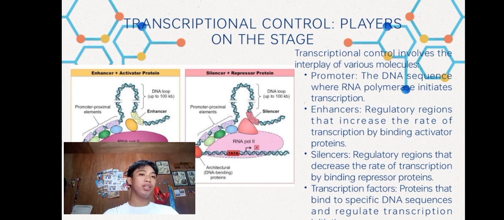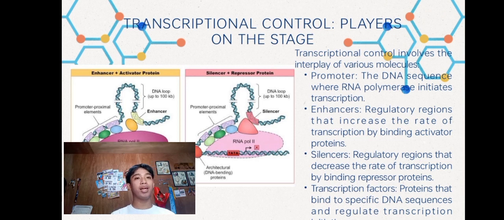We also have here the epigenetic modifications. So in a stage play, we will set them as the backdrop and the lighting. Epigenetic modifications such as DNA methylation and histone acetylation act like the backdrop and lighting of the stage.